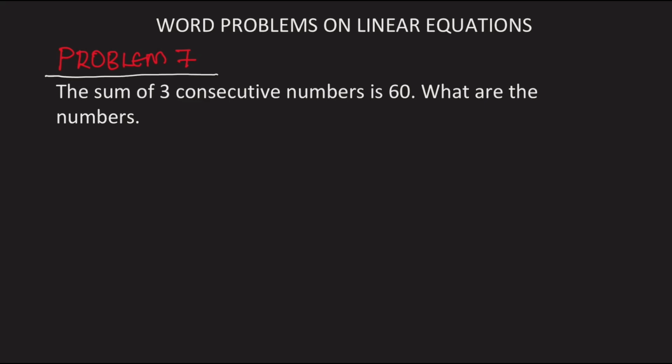So for this question, it says that the sum of 3 consecutive numbers is 60. What are the numbers? Okay, so this is a kind of different problem where we are dealing with sort of logic. So the sum of 3 consecutive numbers. So what do you know about consecutive numbers on a number line?